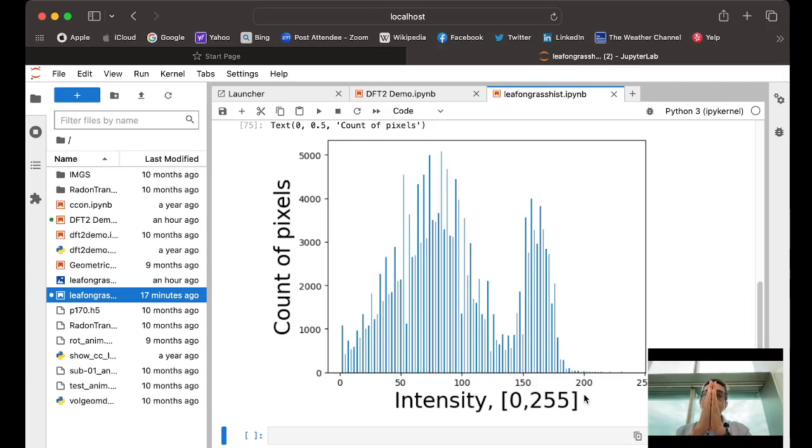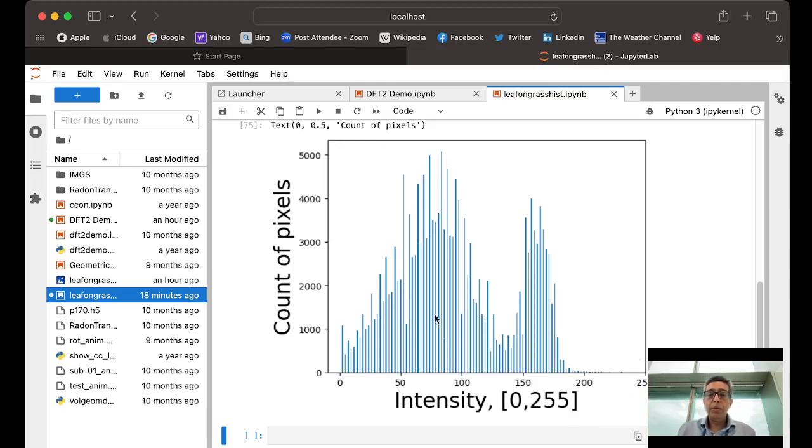So when we talk about bin edges, the histogram is collecting counts of intensities within a certain range of bins, a certain range of intensity values. So the bins are specified by the lower bin edge and the upper bin edge. And if you look at the documentation on histograms, you will come across this idea.